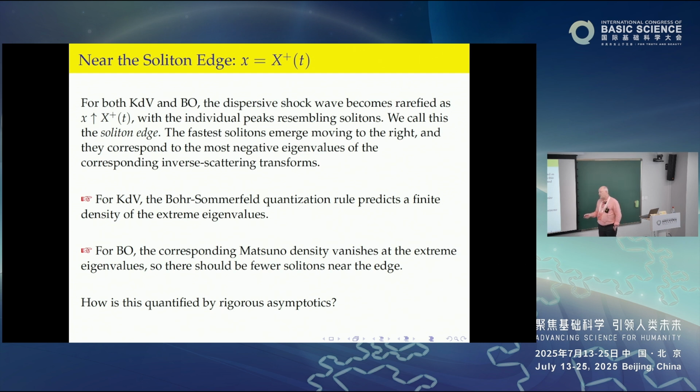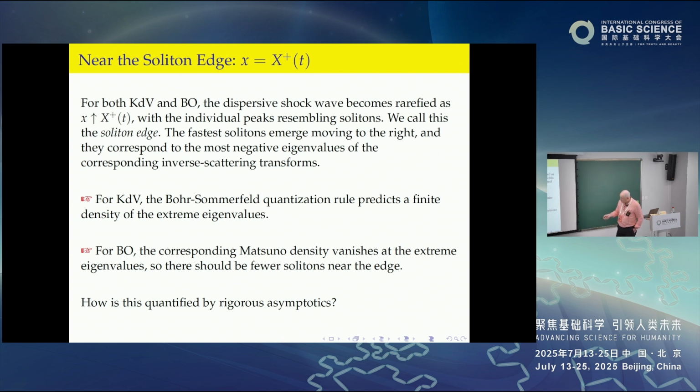But for Benjamin-Ono, it's a different scattering problem, and what takes the place of Bohr-Sommerfeld is something called the Weyl density, I guess, what's called Matsuno's density formula. And this thing actually vanishes at the most extreme eigenvalues. So what it means is that you should expect there to be fewer solitons with extreme amplitudes or extreme speeds, I should say, compared to KdV.